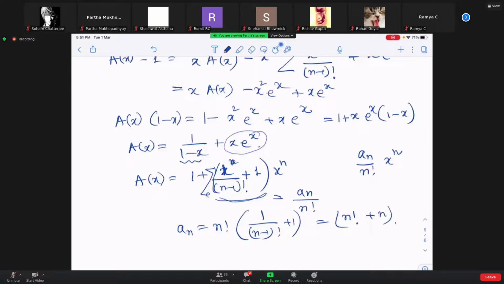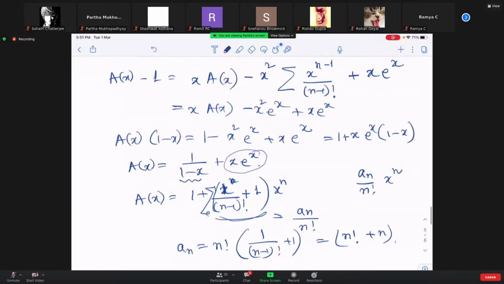Okay, so this is a typical example of an exponential generating function, and in fact, exponential generating functions have a lot of difficult problems associated with them. But in the first course, we will not do all these things.